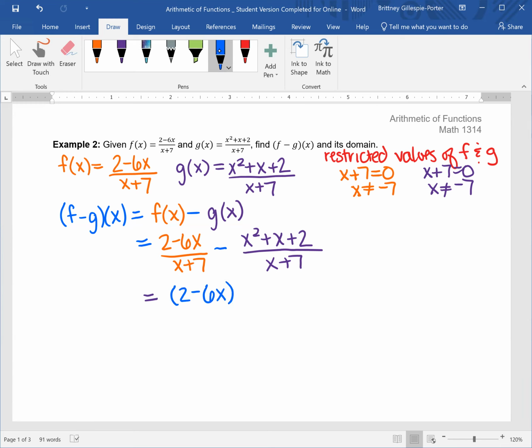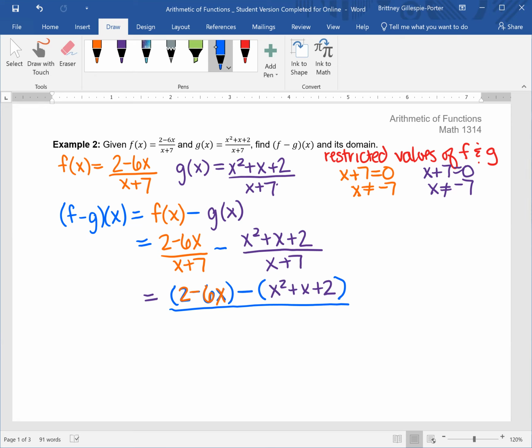I'm putting parentheses around the numerators because we have multiple terms, so I'm going to make sure that I'm combining them properly. So in my g function, when I am subtracting these 3 terms, I want the parentheses because I'm going to have to distribute that negative all the way through.